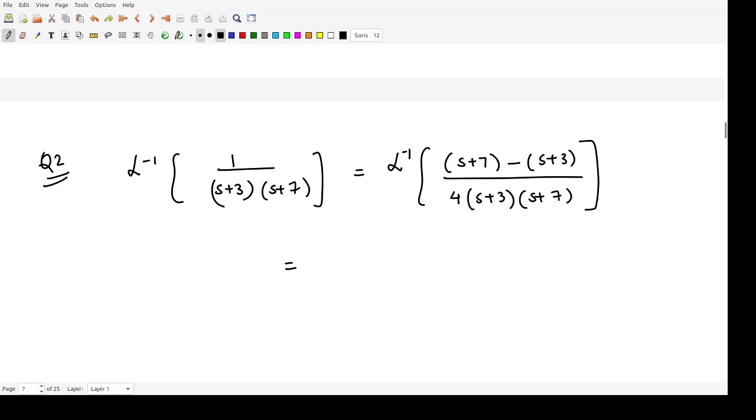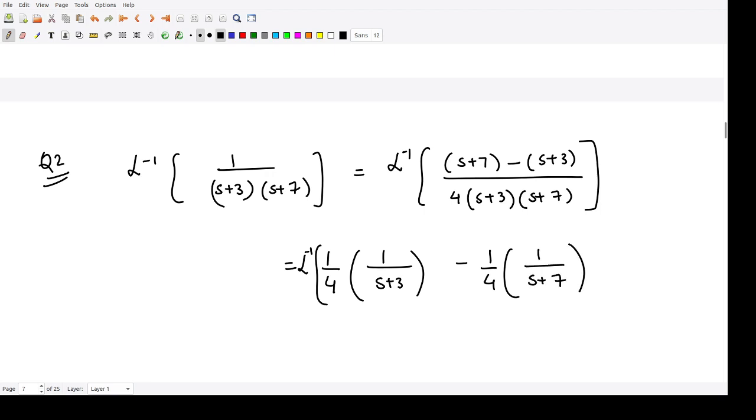So what would be this term? When you separate them out, you would have 1 by 4 Laplace inverse of 1 divided by s plus 3, and then you have minus 1 by 4 and the value of 1 divided by s plus 7. So this is what you have. Now you can very easily use the linearity property to calculate the Laplace inverse of these two particular terms.